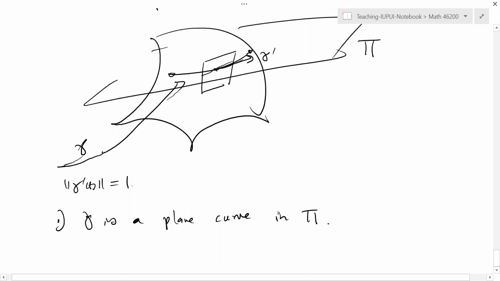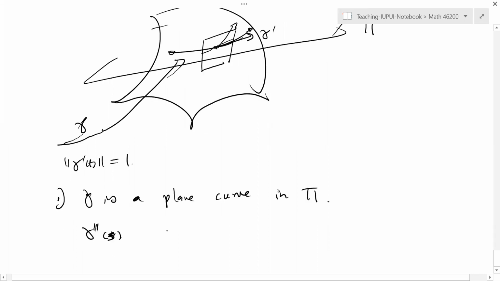So gamma double prime will still be in the plane. Gamma double prime and gamma prime are in the plane.